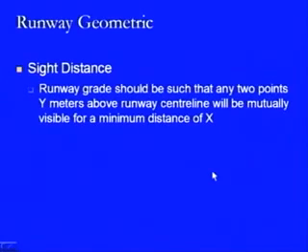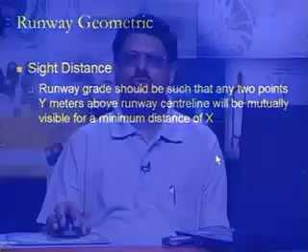Now, here the runway grade is such that if there are 2 points y meters above the runway center line, then they will be mutually visible for a minimum distance of x. That is how these y and x values are defined. There is a similar condition which we talk about in the case of roads, where there is a vehicle and an obstruction.